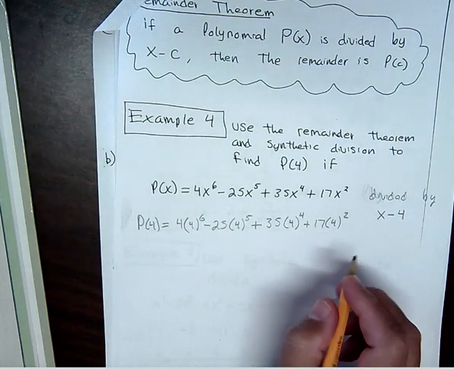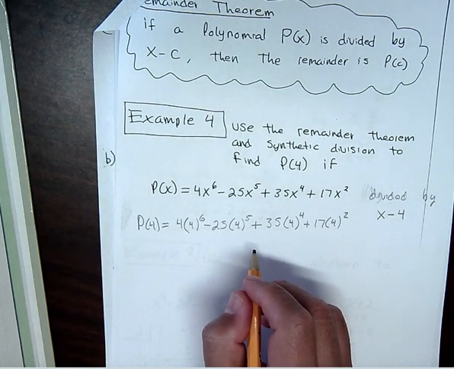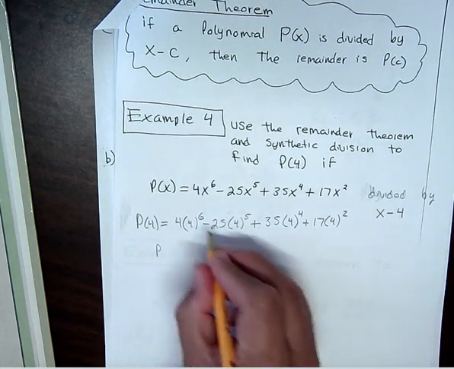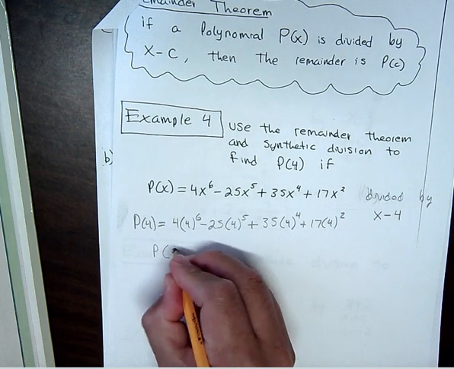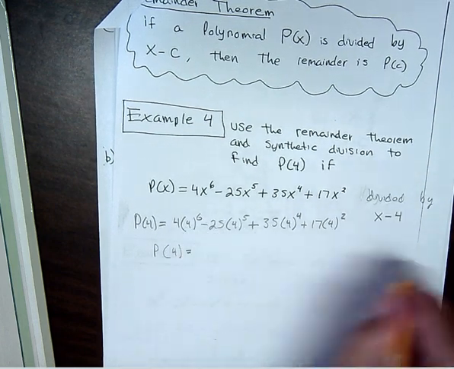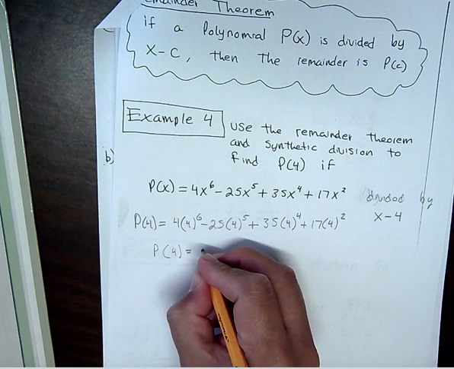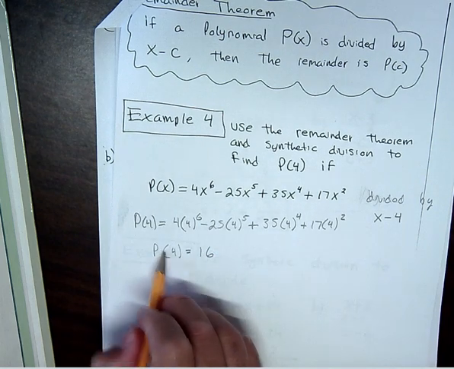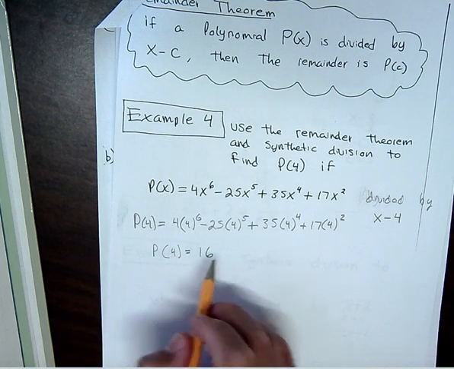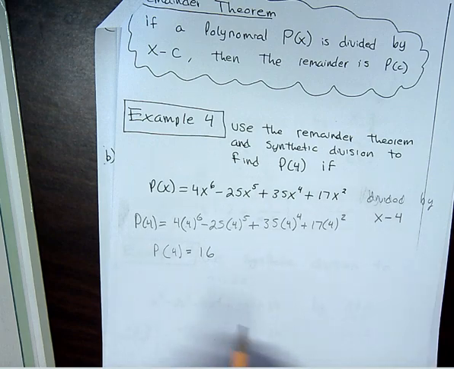I'm not going to do every individual thing, but if you calculate this in your calculator and go through all of these steps, you will get 16. So P of 4 gives you 16 if you evaluate that.